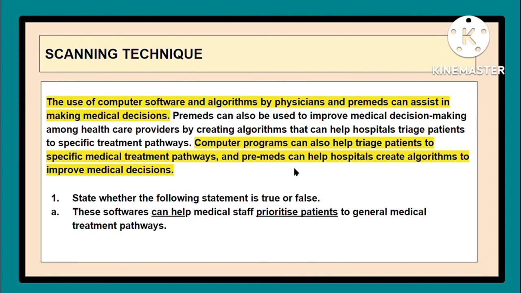So, the use of computer software algorithms by physicians and pre-meds can assist in medical decisions. Can assist, that could resonate. And in the last line, computer programs can also help triage patients to specific medical treatment pathways, and pre-meds can help hospitals create algorithm.